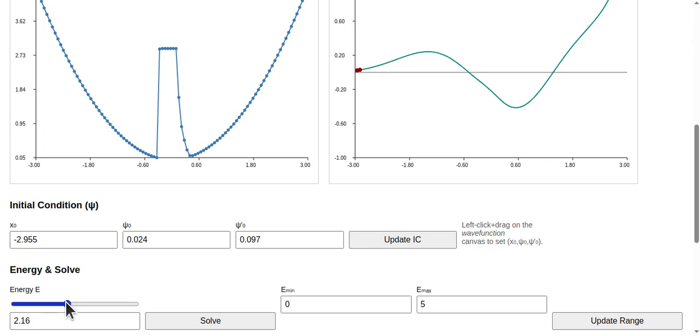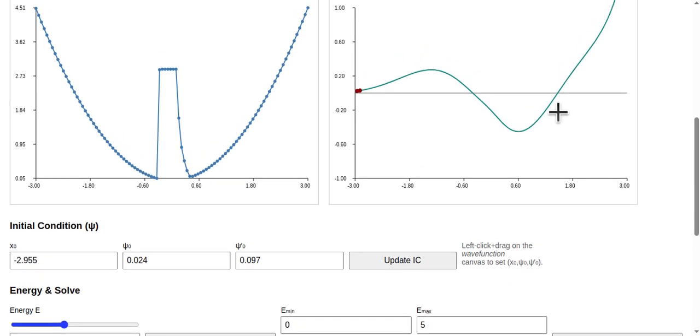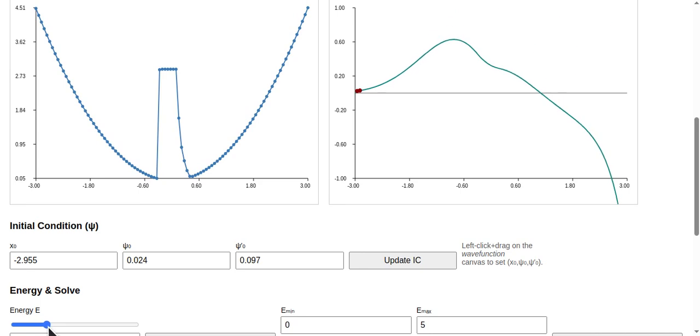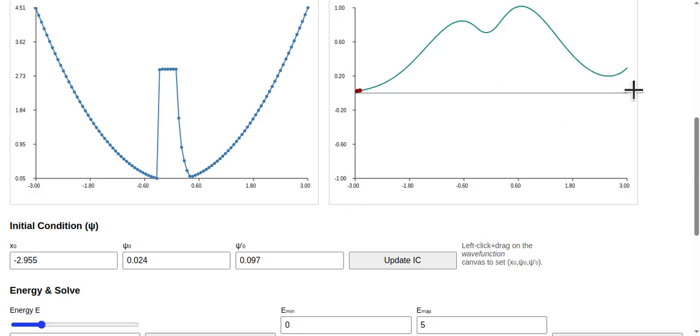Now if we plug in any arbitrary energy, you can see that it doesn't necessarily vanish on the right end. But if we scroll this energy bar, you can see at certain energy values between these 2 points, it does vanish.